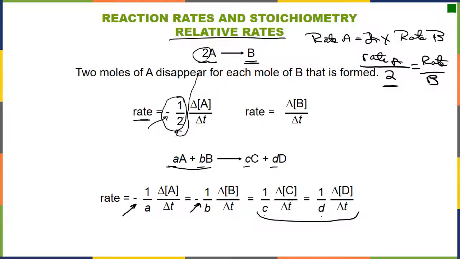If I want to find the rate for A compared to B, I'm just going to cross multiply: the rate of A is going to be a over b times the change in concentration of B over the change in time. We can use our stoichiometric coefficients to relate our rates.